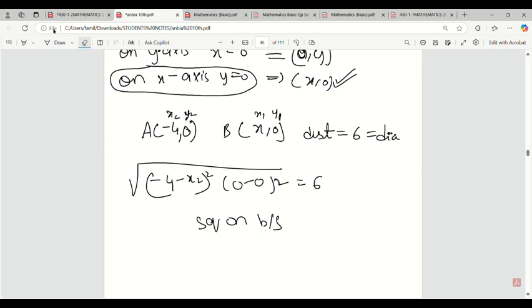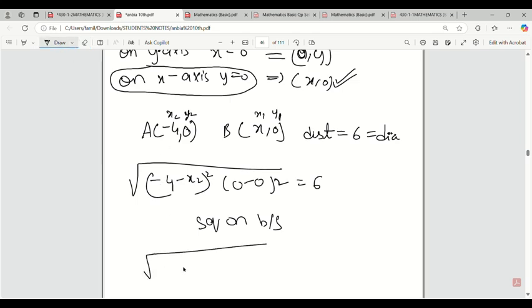First of all, we'll clear the things inside the root. Inside the root we get minus 4 minus x2 whole square. 0 minus 0 whole square is nothing but 0 square, which is 0, so no need of writing that.